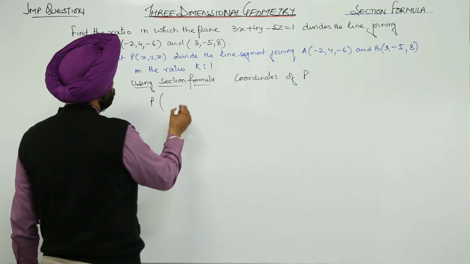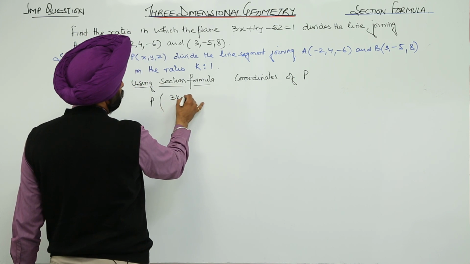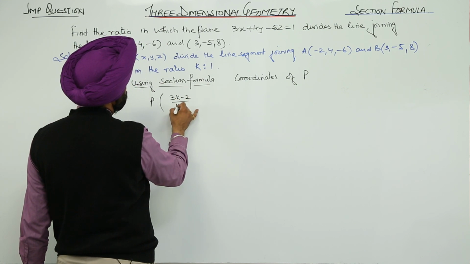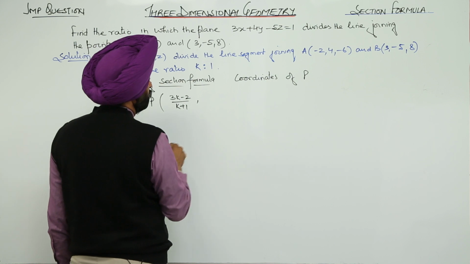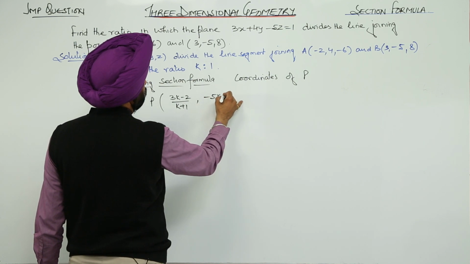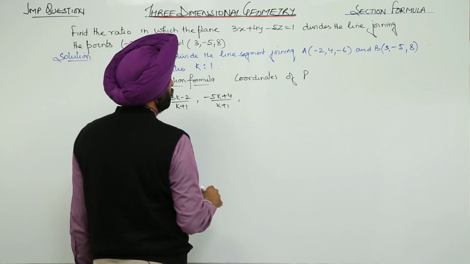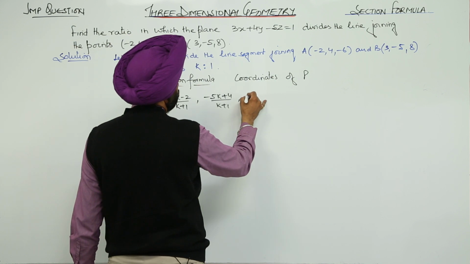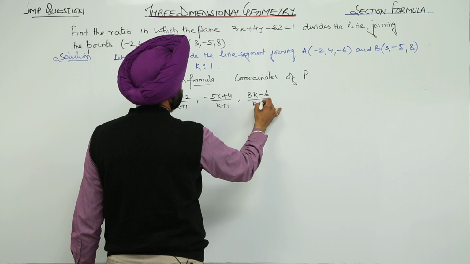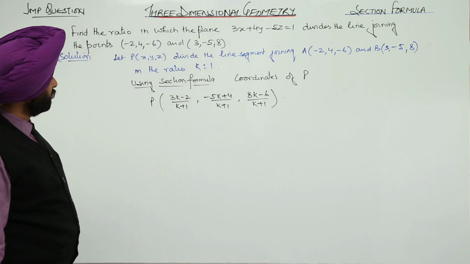Okay. So (3k - 2)/(k + 1), then (-5k + 4)/(k + 1), and then (8k - 6)/(k + 1). These are the coordinates of point P.